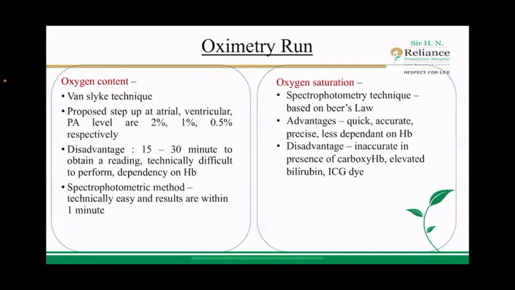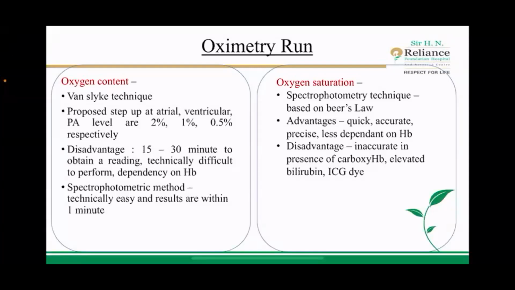So that means there is a left to right shunt. Similarly, at the ventricular level from RA to RV, if there's a 1% step up, or from RV to PA, if there's a 0.5% step up, that means there's a significant step up in oxygen content. So this is for oxygen content.